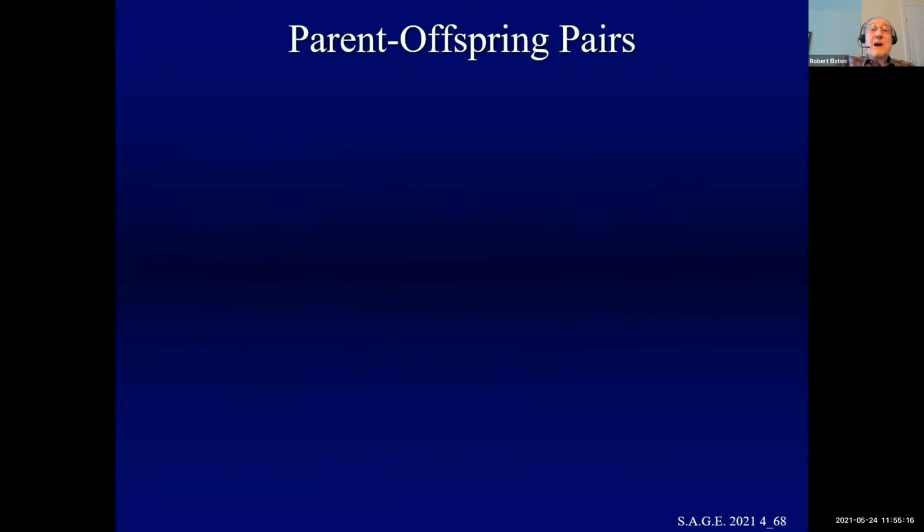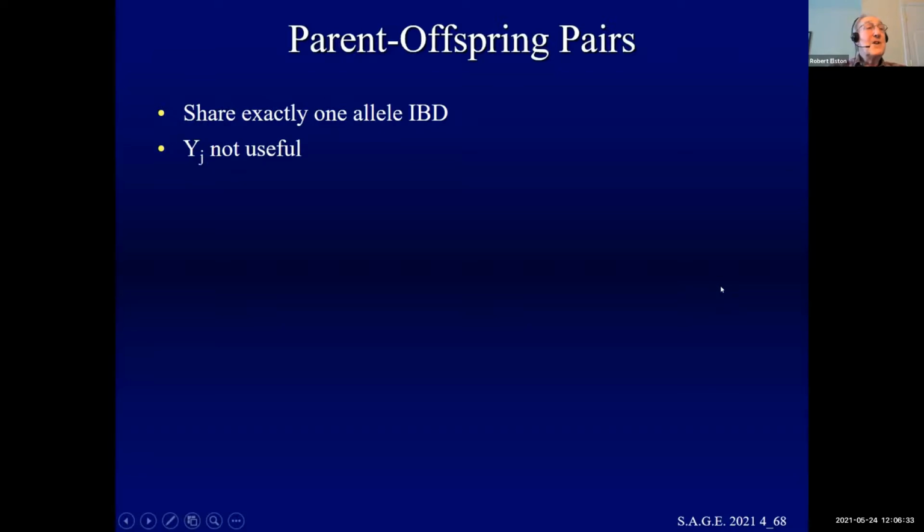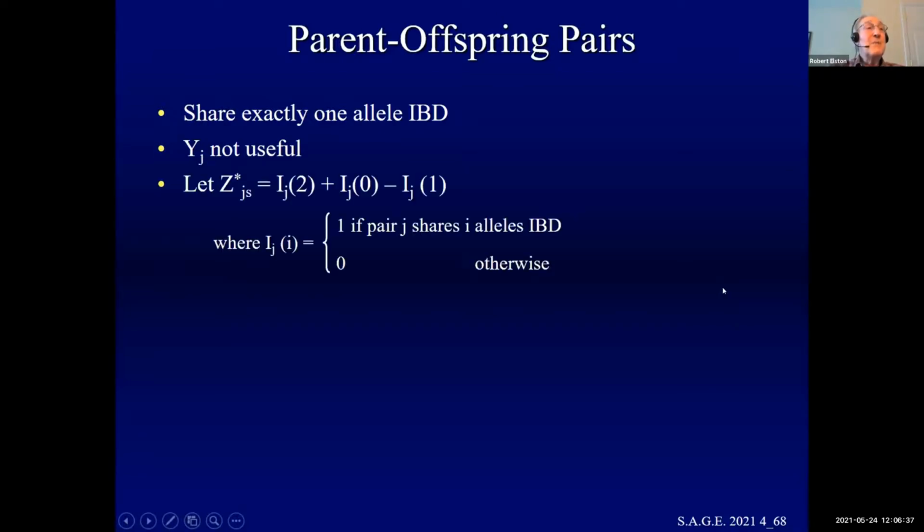So consider parent-offspring pairs. We already know that they always share exactly one allele. So YJ is not useful for distinguishing parent-offspring pairs.